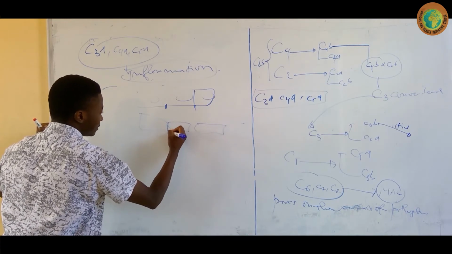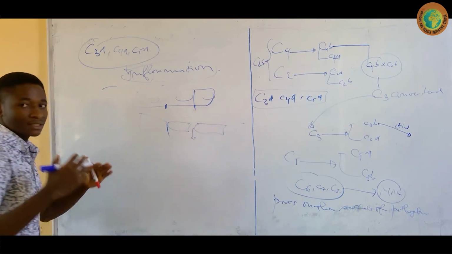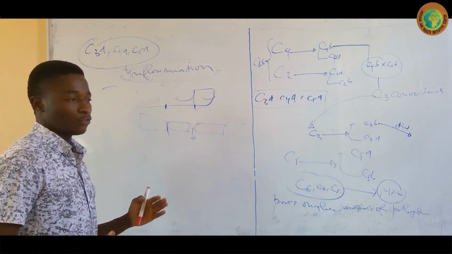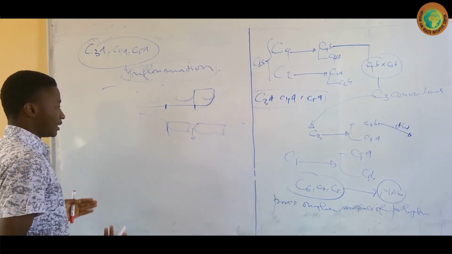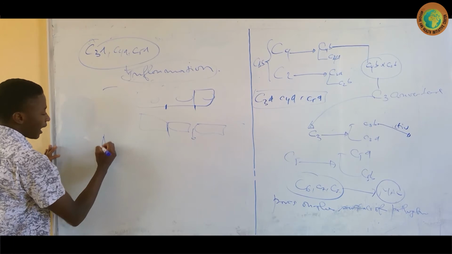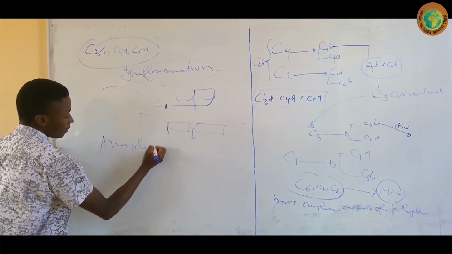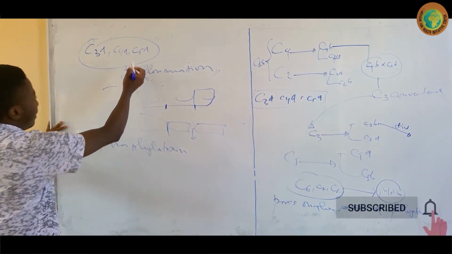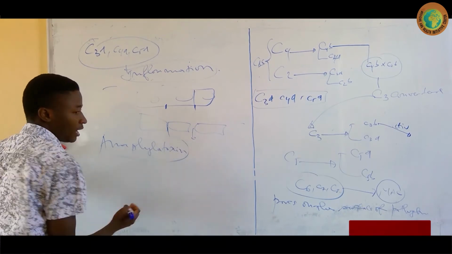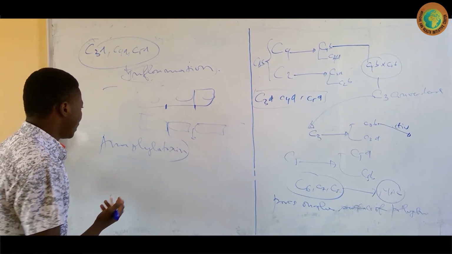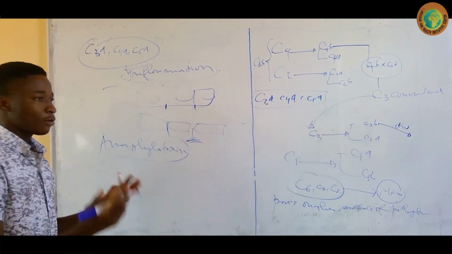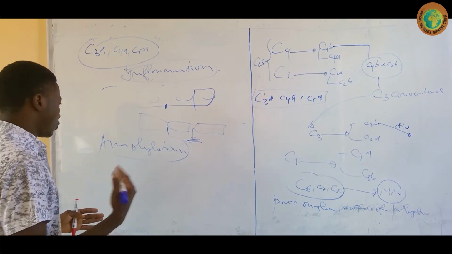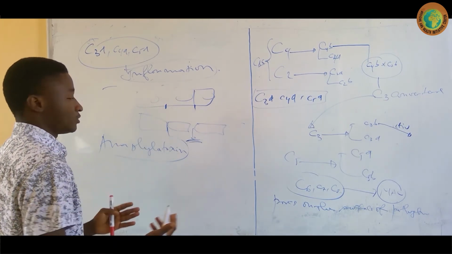After increasing the leakage, the macrophages and other phagocytes will come to the site of infection to clear the pathogen. That's what we call anaphylatoxin. They will act as anaphylatoxin by the process of anaphylaxis. As long as those macrophages and phagocytes are produced, they will be involved in the clearing of the pathogen at the site of infection.